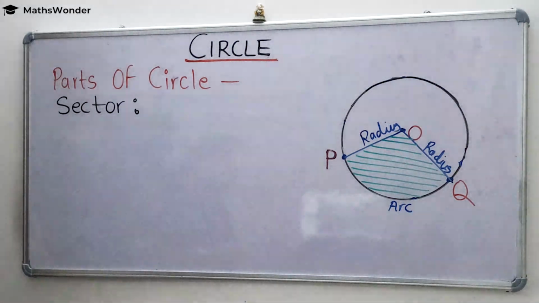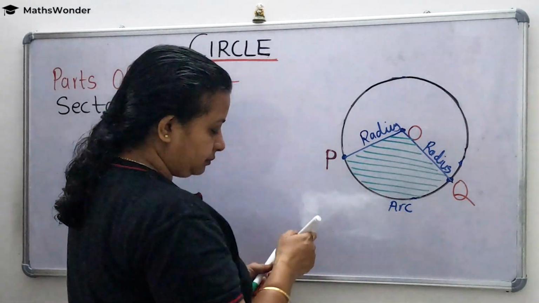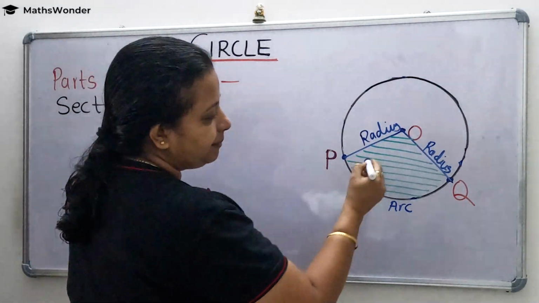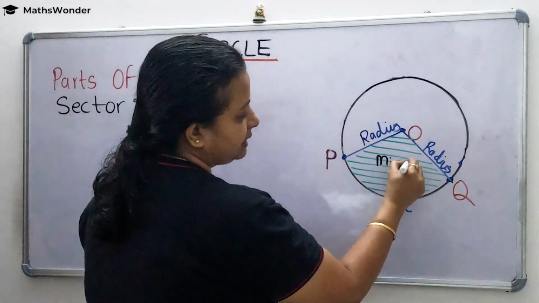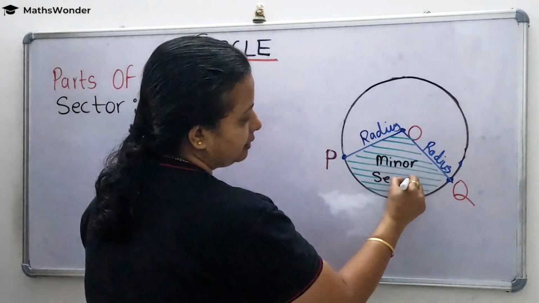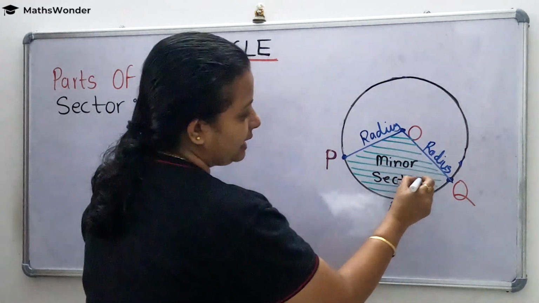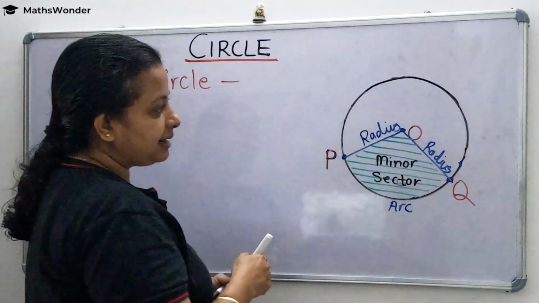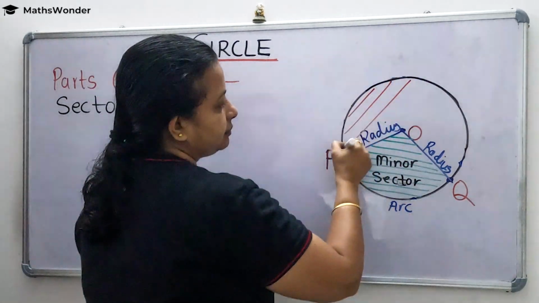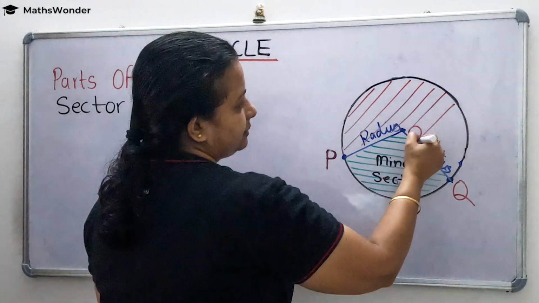Again, the sector formed by a major arc is known as the major sector, and the one formed by the minor arc is known as the minor sector. So this is the minor sector, and this red one is the major sector.